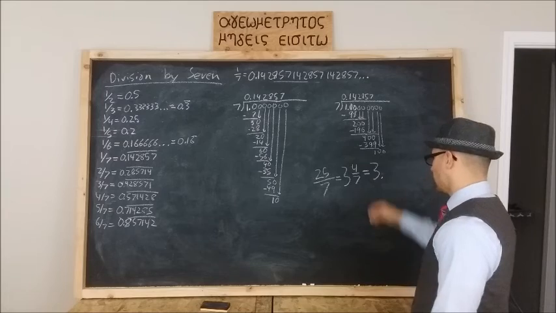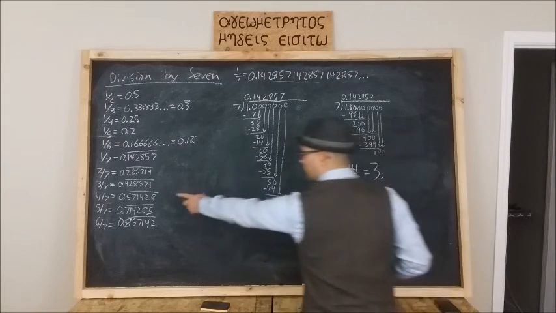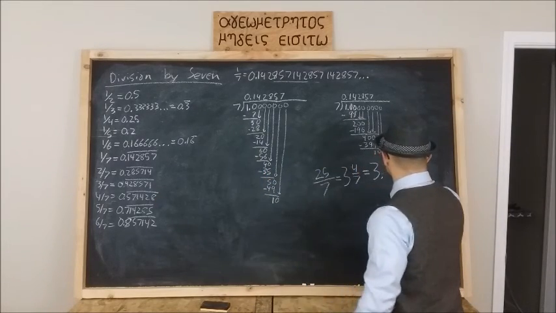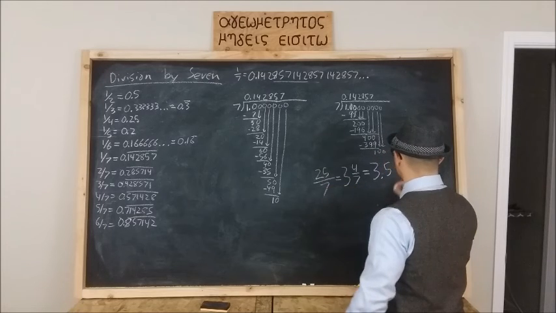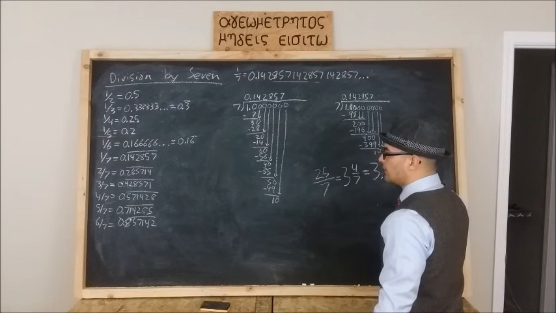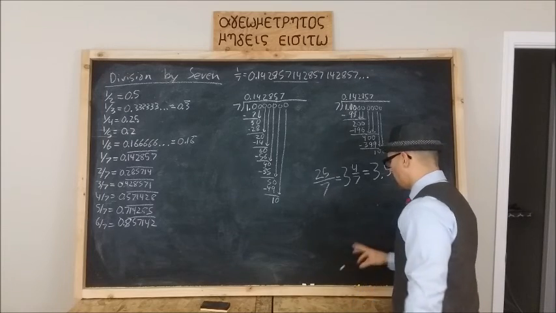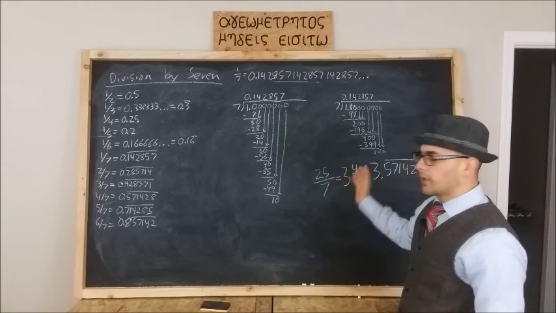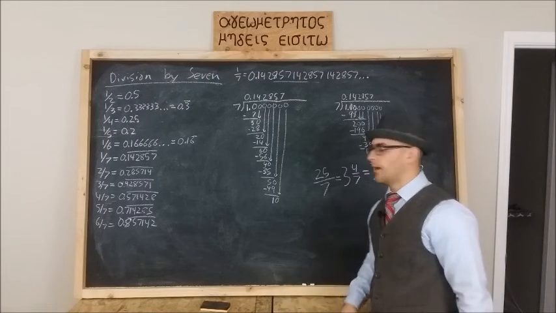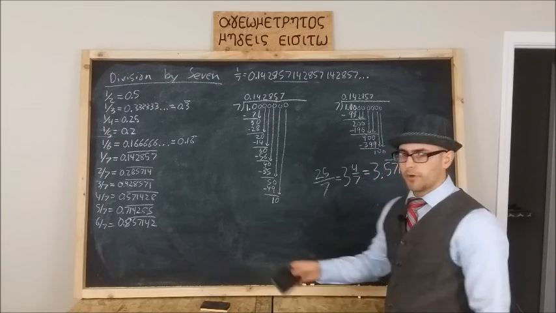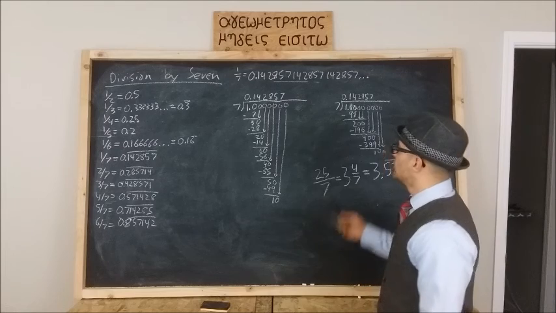What's 4 over 7? Well, we just found that over here, this guy. So 25 divided by 7 is going to be 3.571428 repeating.